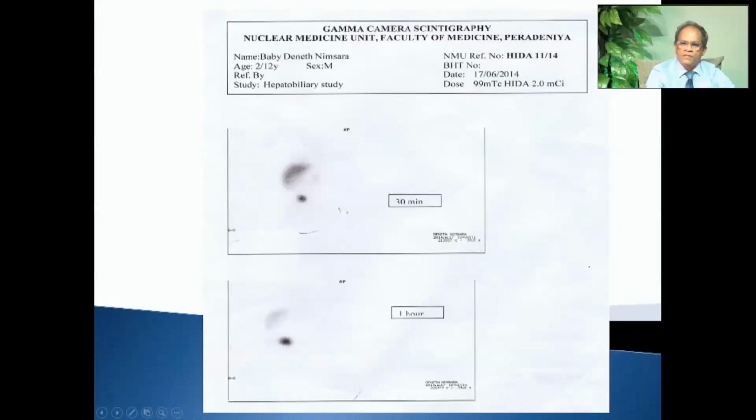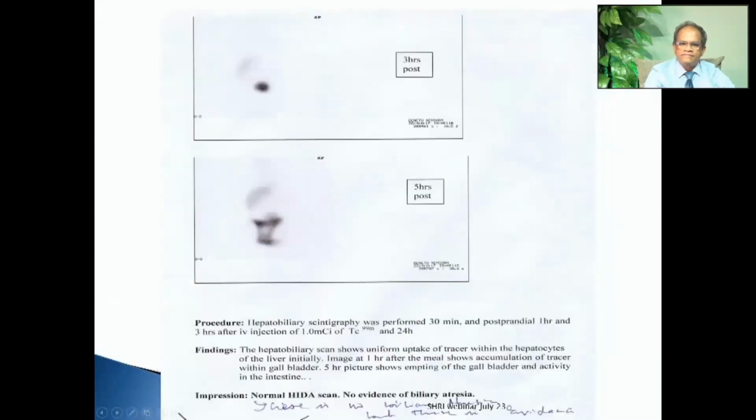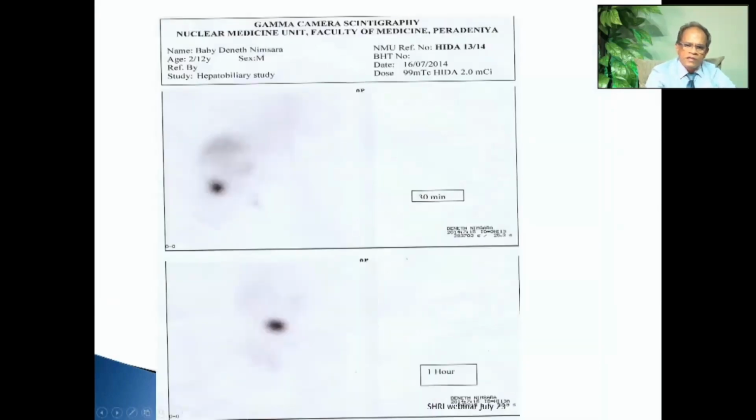So we got them to repeat the isotope scan, and we got them to remove the diapers and then fed the baby, and then eventually it was confirmed that the isotope actually was in the bladder, and once the baby emptied the bladder, there was no isotope at all in the gut.